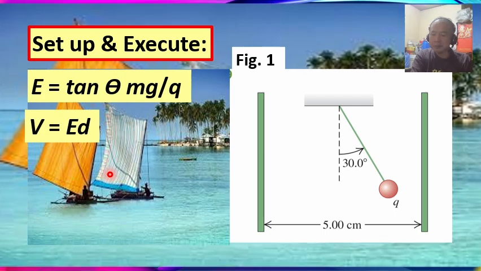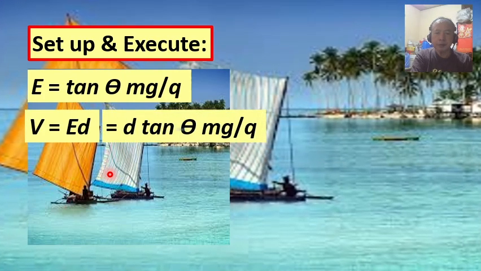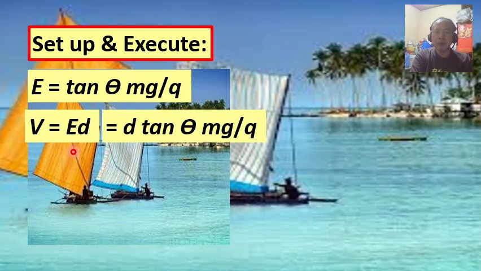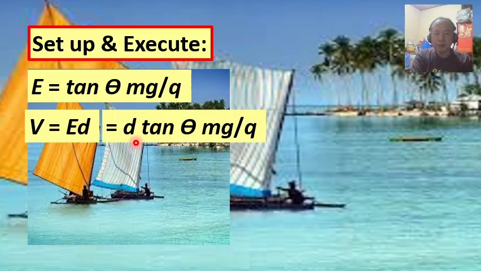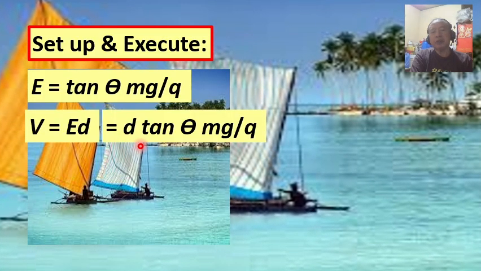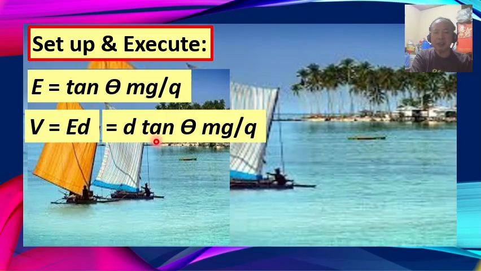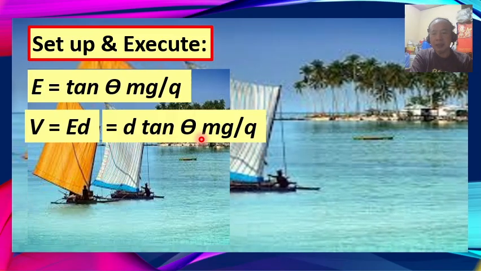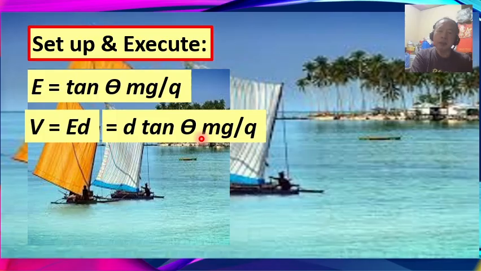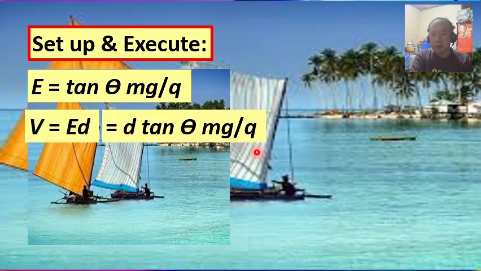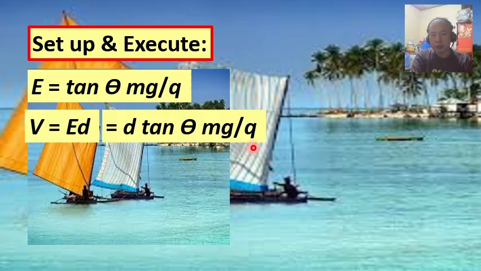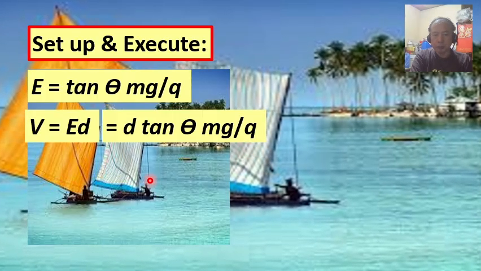That is, capital V is equal to the separation distance, D, multiplied by tangent theta times mg divided by q, or the charge small q.